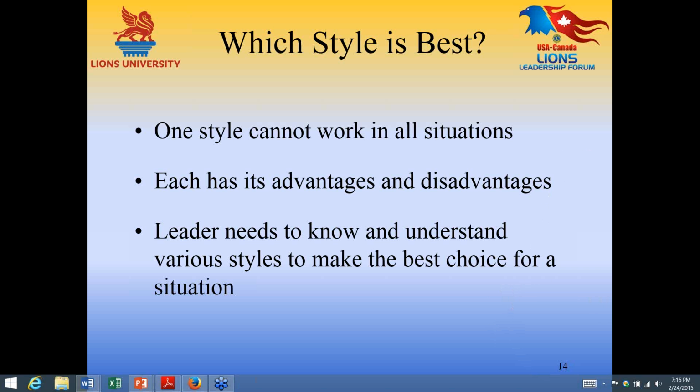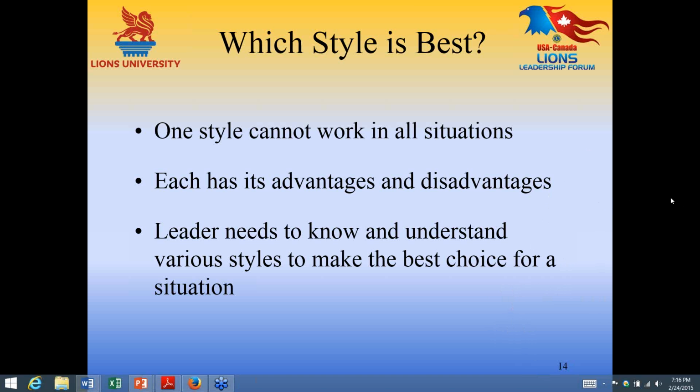Leanne just posted a response in the questions pane that the coaching style is working best in her Lions Club at this point. Okay, so let's talk about what a coaching style might look like in a Lions Club. You have people moving up the chairs to become an officer, but they haven't a lot of Lions experience.